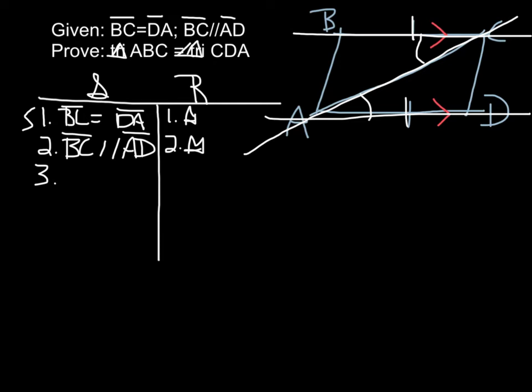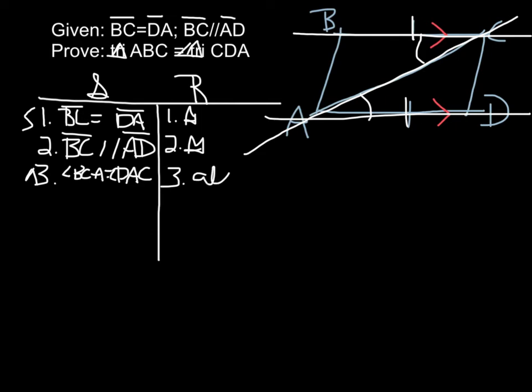So we have that angle BCA has to be congruent to angle DAC. That gives us an angle congruent to another angle. What is the reason we can say that?